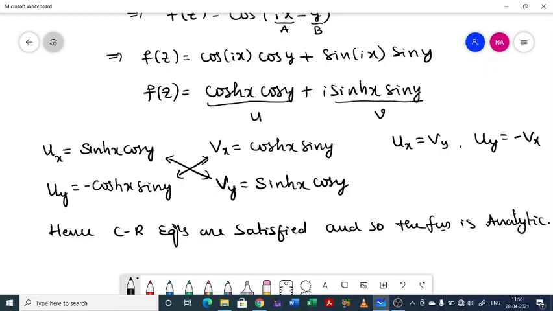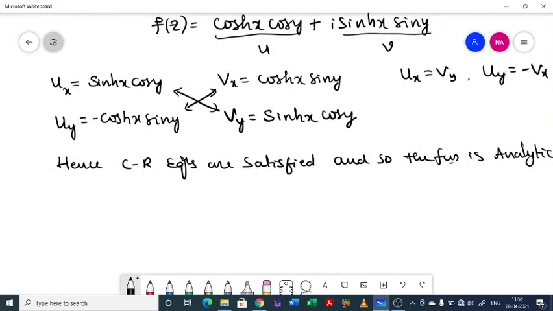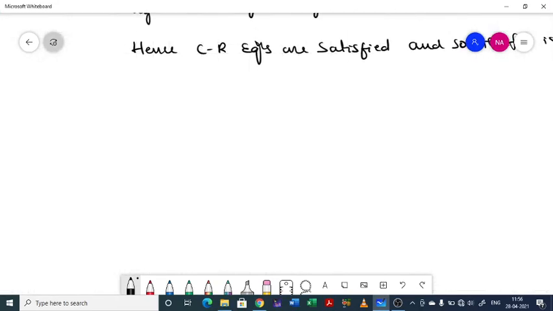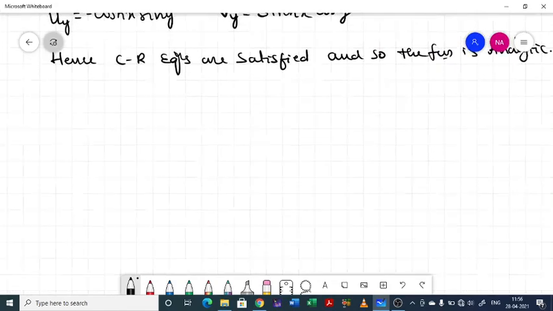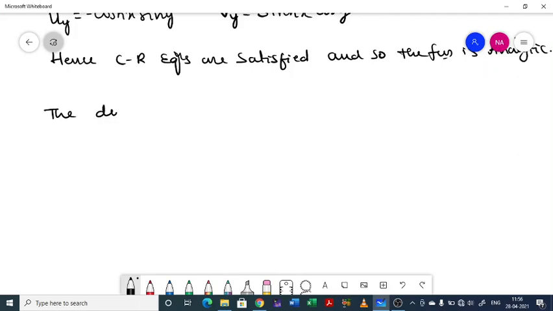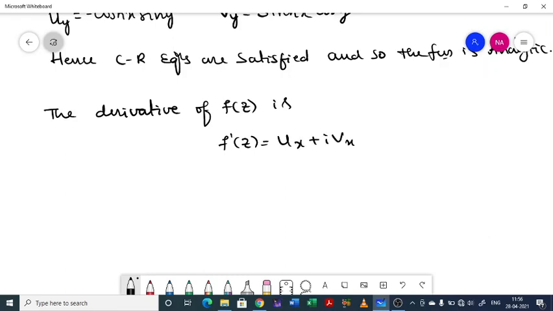Now the function is analytic, so we can find its derivative easily. So the derivative of f of z is given by the formula f dash of z equal to ux plus ivx. What is ux? I have to get from here.